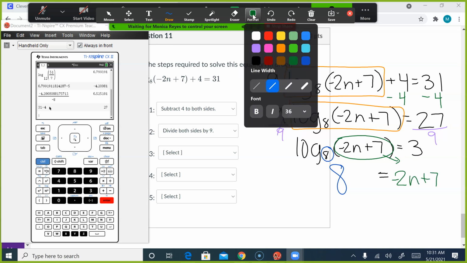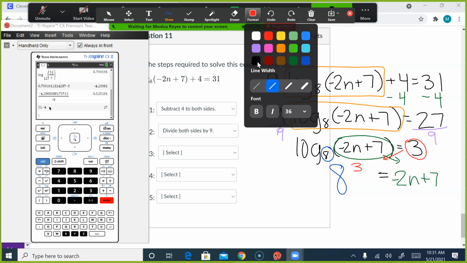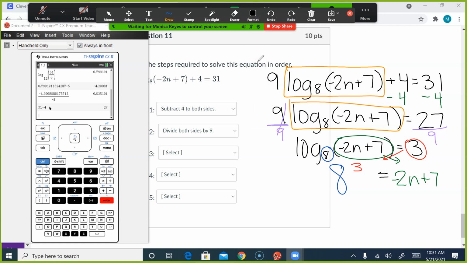And the 3 becomes my exponent here. Right, and then at this point, it's just a solve for x problem, but you need to find out what this number is. What is 8 to the third? 8 to the third is 512. So 512 equals negative 2n plus 7.